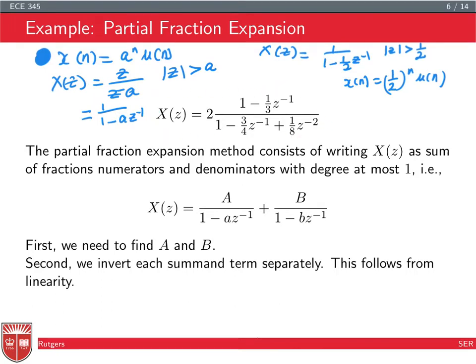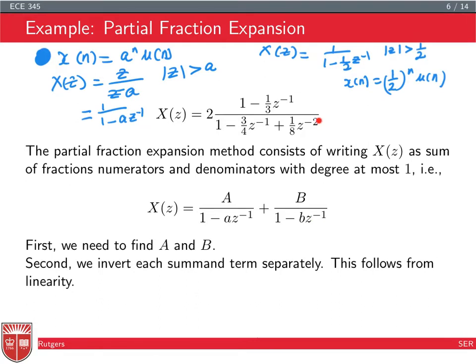So for this reason, I'm going to divide it into a sum of terms that look like this term here that I've worked out before, where the numerator and the denominator have degree at most 1.